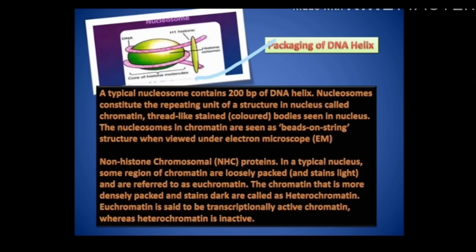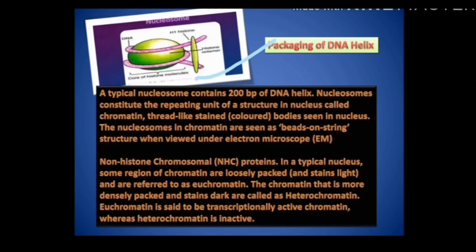Now children, when you look at a broader level, how does it look? The entire structure which you see here looks very big, right? This nucleosome looks big, but actually it is a very tiny structure.